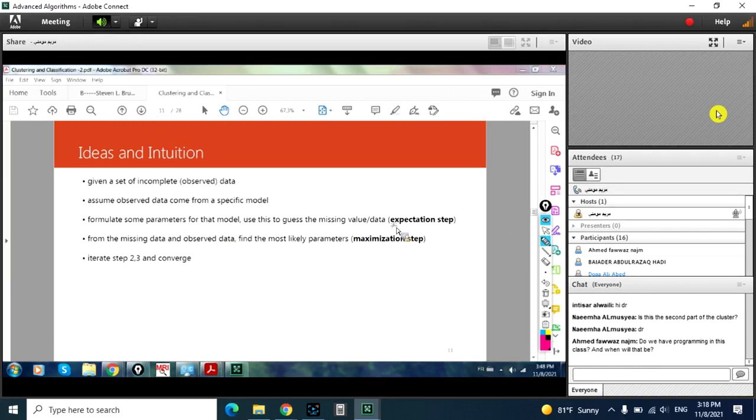Then we calculate it. This step is the expectation step, and then after that, in a specific iteration, we update the parameters. This is maximization: we update the parameters to achieve the most difference between two classes. Then we iterate until we converge to our goal. Okay?